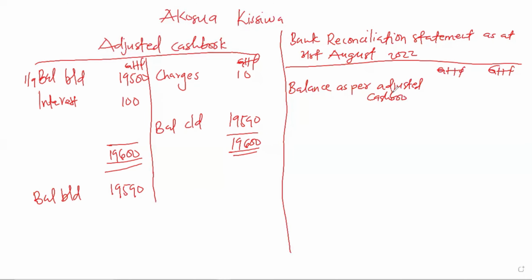So our balance as per adjusted cash book is 19,590. Again, I said if it is not an overdraft, we add unpresented checks.